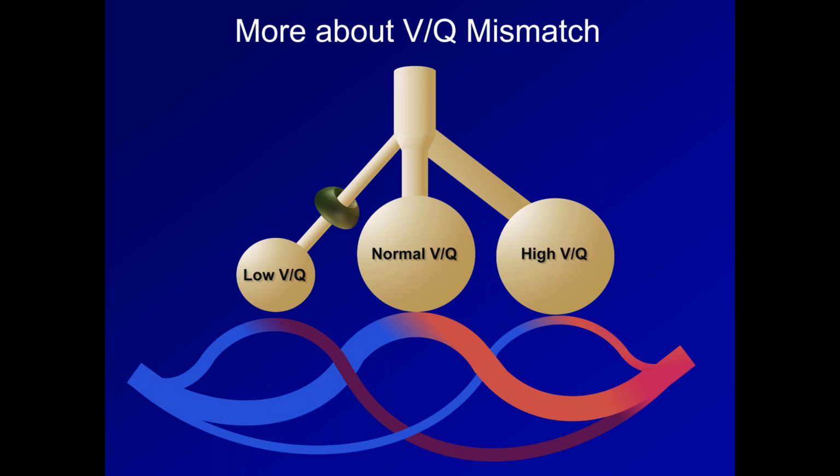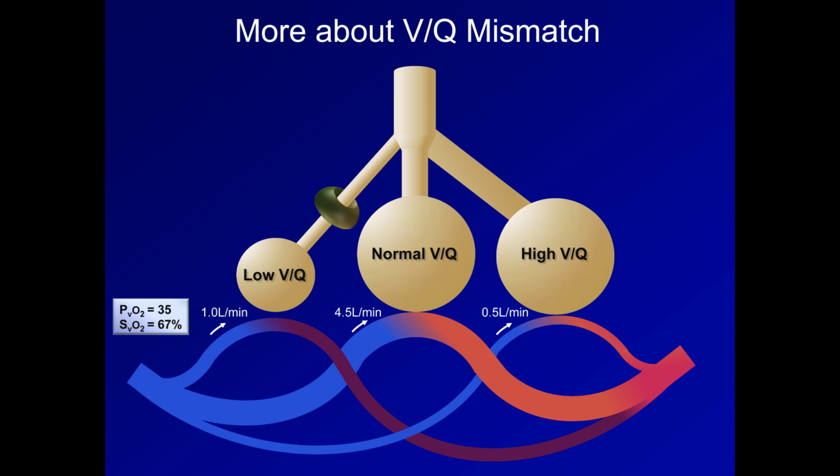Let's add some hypothetical numbers in. I'll start arbitrarily by assigning 1 liter per minute of cardiac output to the low VQ unit, 4.5 liters per minute to the normal unit, and 0.5 liters per minute to the high VQ unit. We'll say that our returning venous blood looks the same as prior.